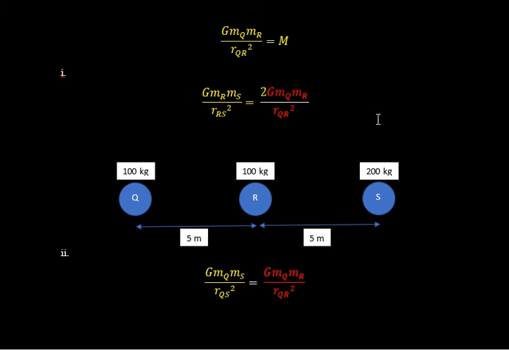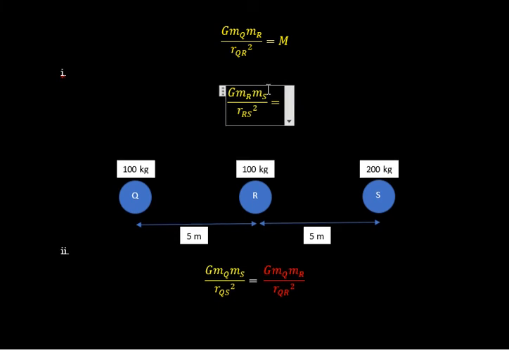Now they are balancing on both sides, and the portion in red is equal to M. What we have added is a 2. So if we simplify it, it becomes 2M. That's it. This is the gravitational force between R and S in terms of M. It is equal to 2M.